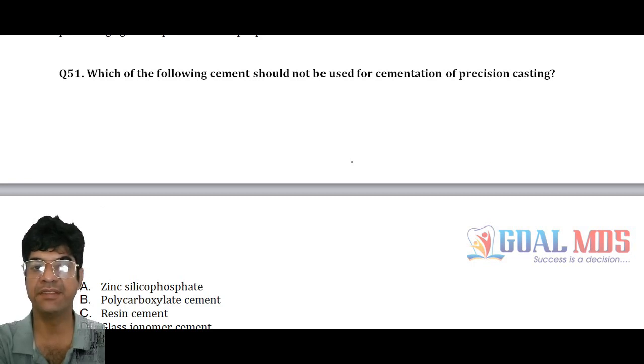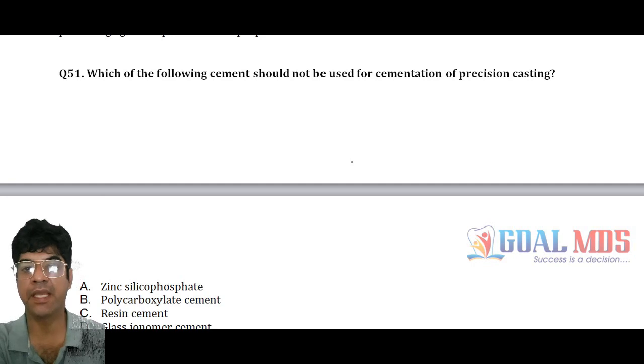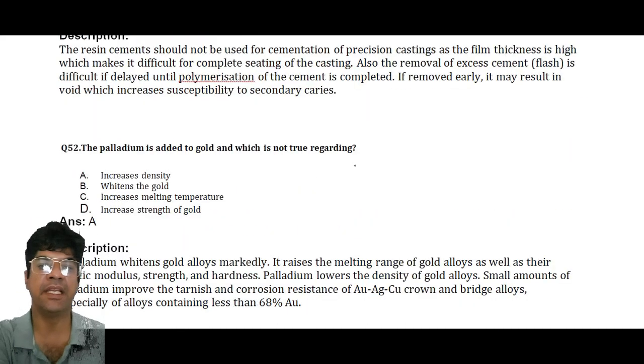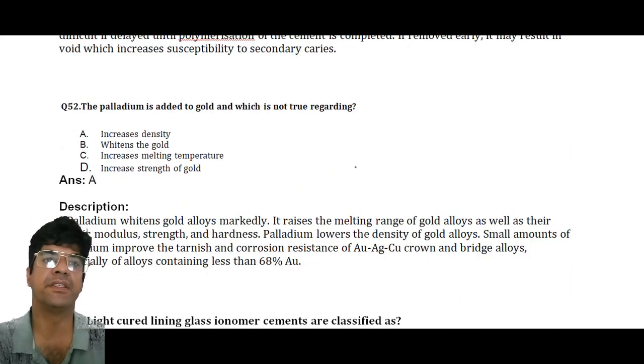Removal of excess resin cement can be challenging if delayed until polymerization is complete. If removed too early, it may result in voids which can increase the risk of secondary caries.